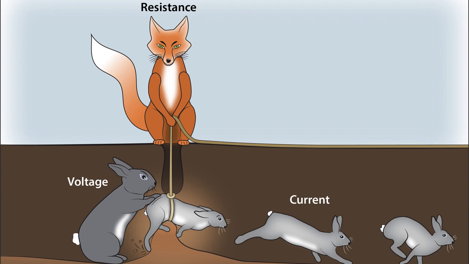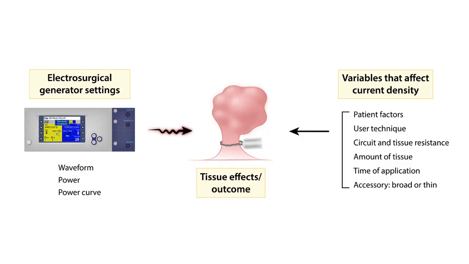The mother rabbit, the voltage, is pushing the baby rabbits, the flow, away from the interference created by the fox, otherwise the resistance. If there is a lot of resistance, you need a lot more voltage to accomplish a particular task. Although this is pretty simple, in life it is a lot more complicated.